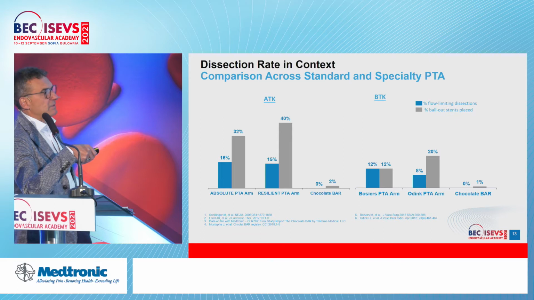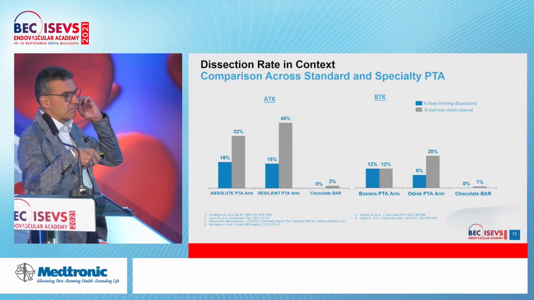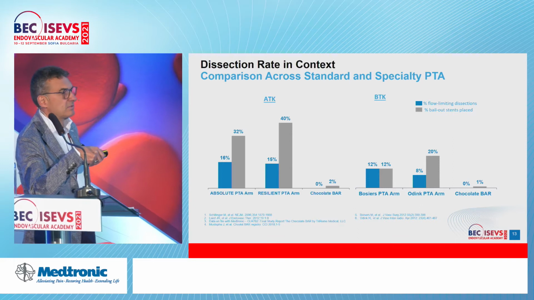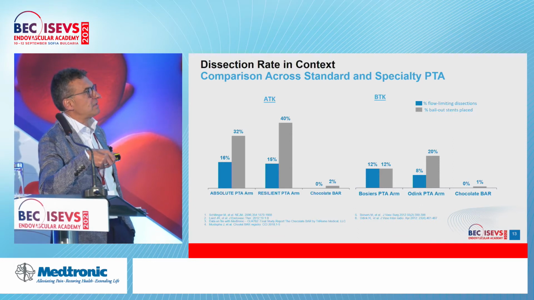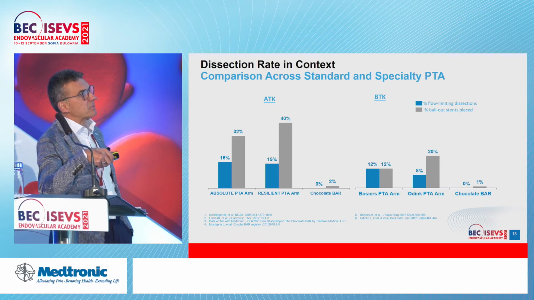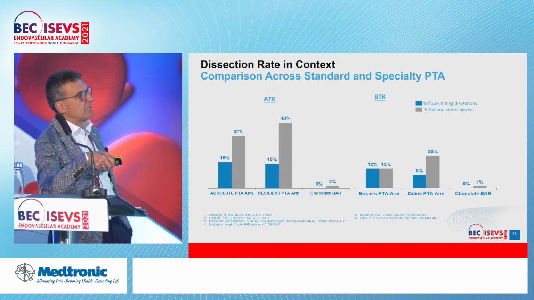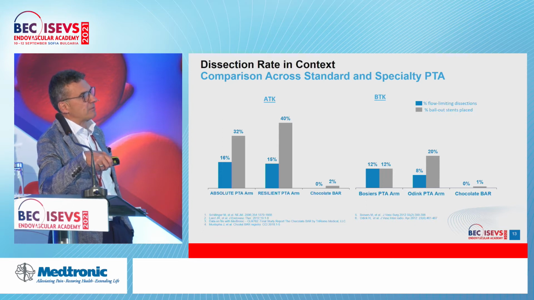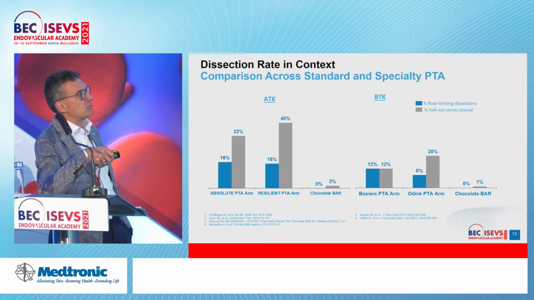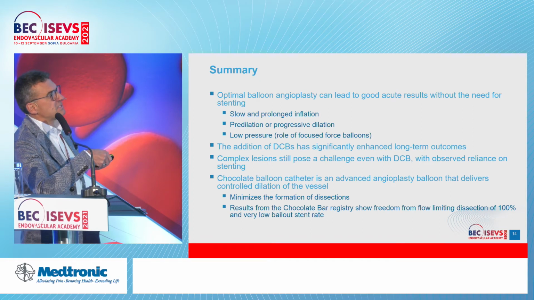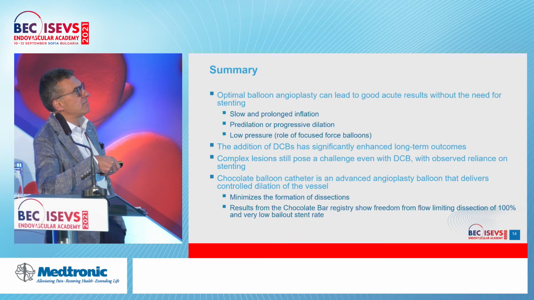Taking a look by historical point of view on the data behind, we see that in these trials, compared to other trials, the probability of flow-limited dissections and bail-out stent placed is much lower, dramatically lower, compared to the data from Marc Bosiers from Belgium, compared to the absolute PTA and resilient PTA arm. You see that really the difference into the numbers is unbelievable.